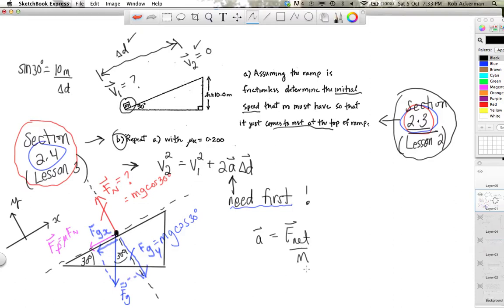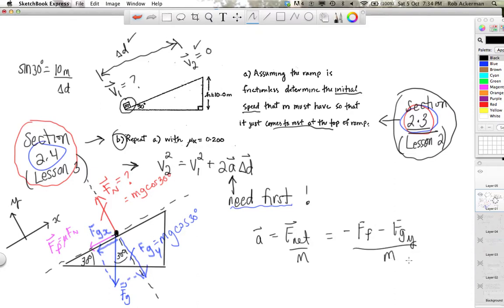Well, let me show you a little bit of a shortcut I think you guys are ready for. In the y direction, the normal force and the y component of gravity balance. The only net force is actually in the x direction, and it's in the negative x direction. It's caused by FF and FG in the x direction. So here's a little shortcut for some of you who can see where this is coming from. I've got negative FF, and I've got negative FG in the y direction.